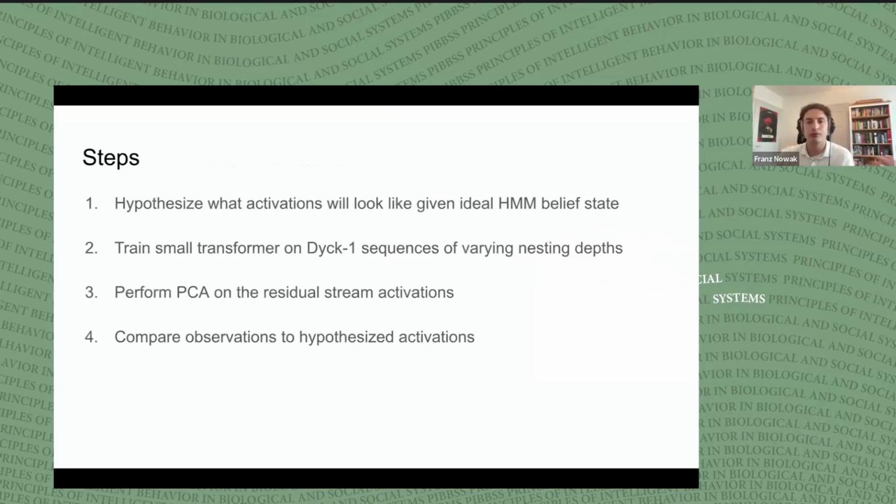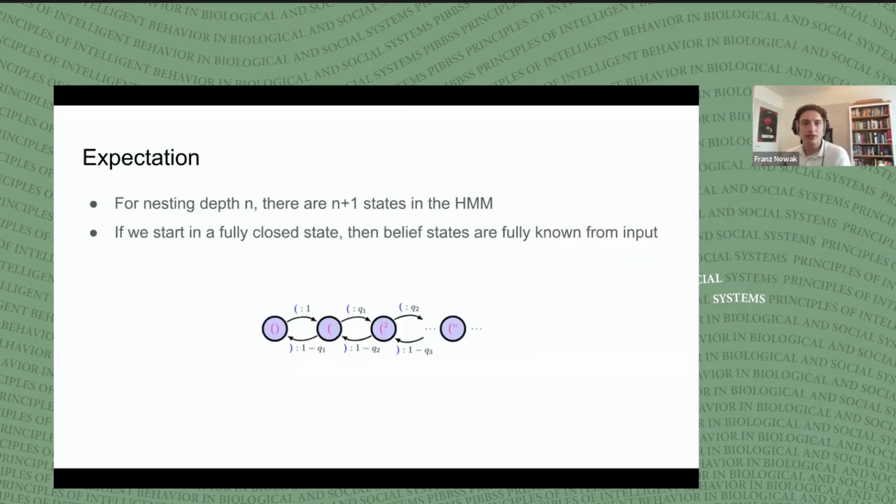We can form some hypotheses based on the theoretical and empirical literature that we know, and then test them and also look at a PCA of the residual stream activations to see how transformers actually represent the histories of parenthesis sequences. And then we can compare it to a hypothesis. So the expectation is if we have a nesting depth n, then there are n+1 states in the FSA or HMM.